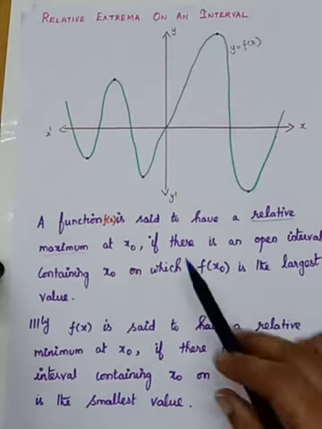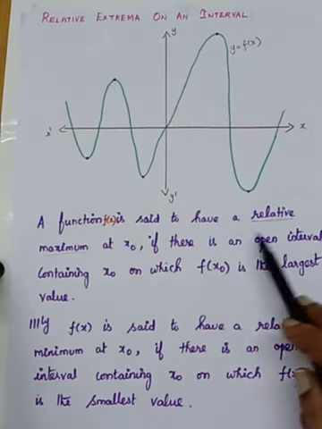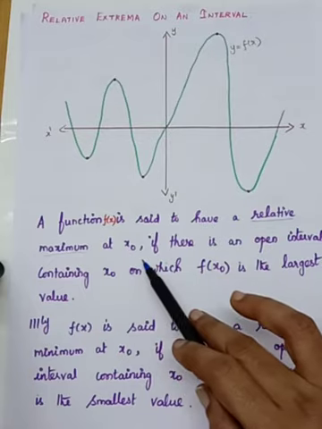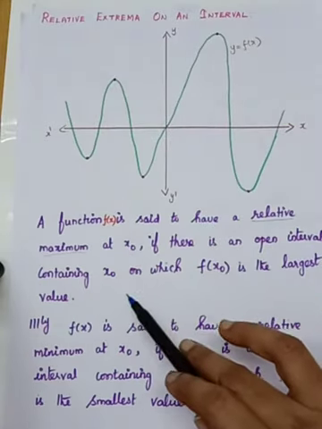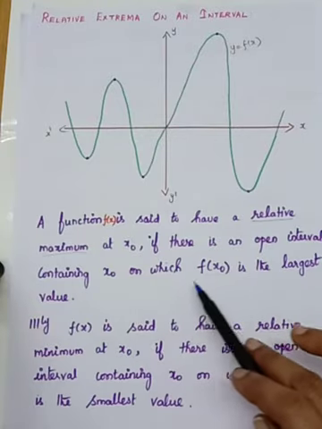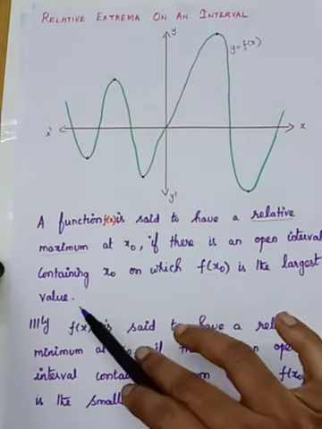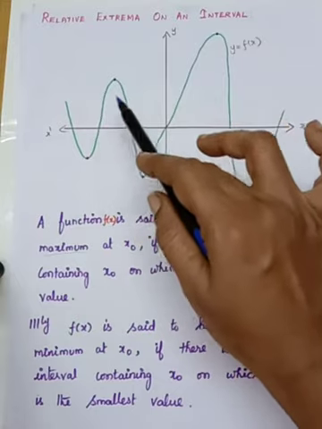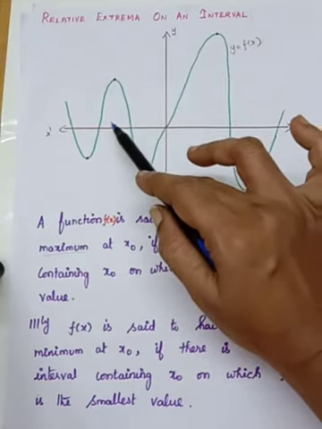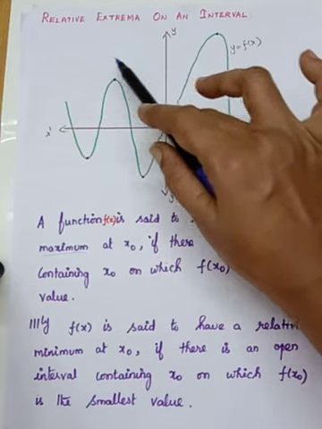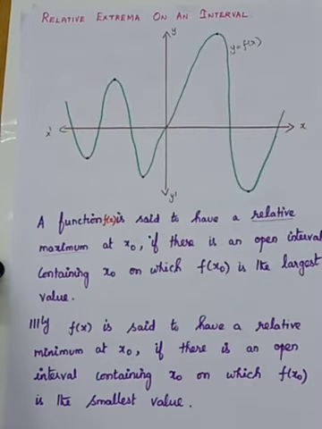A function f of x is said to have a relative maximum at x naught if there is an open interval containing x naught on which f of x naught is the largest value. So on the whole domain, the largest value is called the absolute maximum.